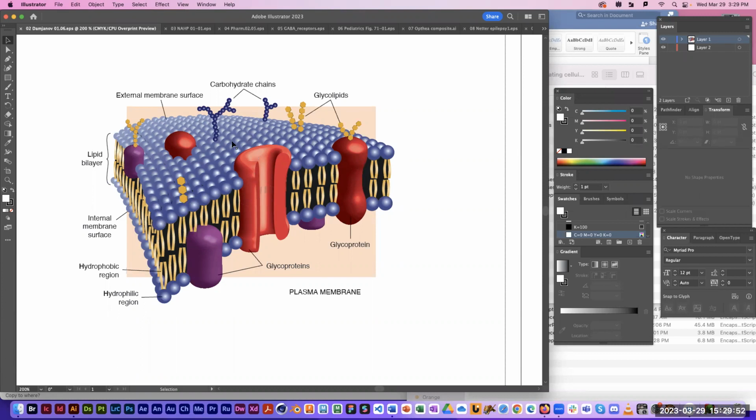But we've got some kind of channel protein here with a channel down the middle, and other proteins. There's carbohydrate chains that have carboxylated the lipids and some of these proteins to create glycolipids and glycoproteins. But still, no attempt to really try to make these things look realistic, basically just simple geometric shapes.